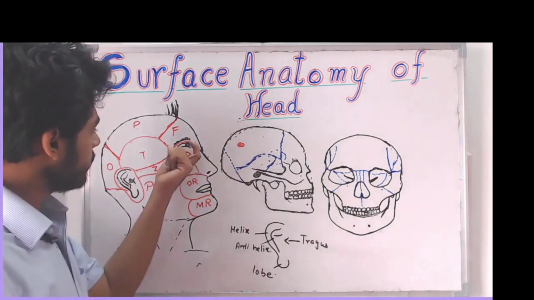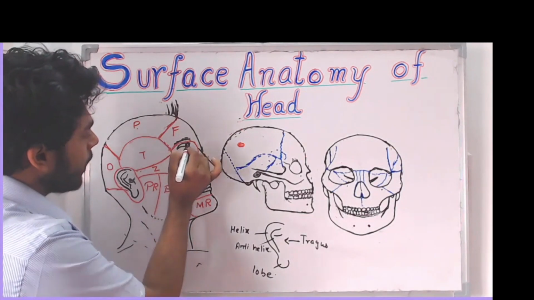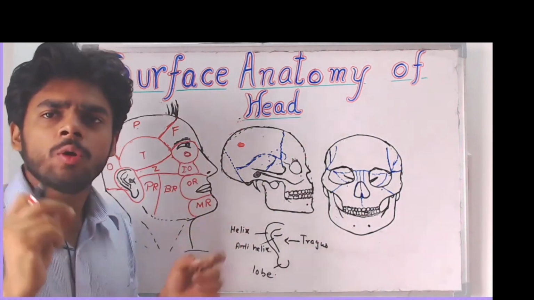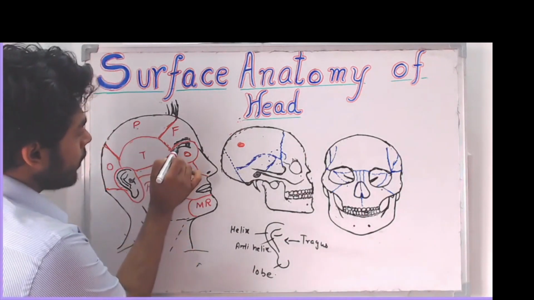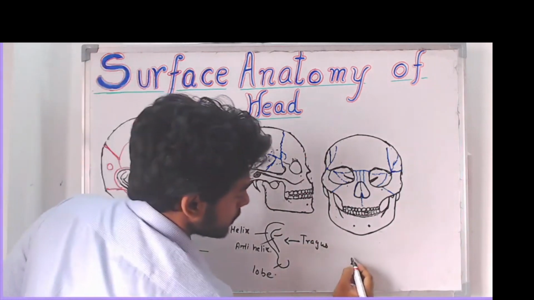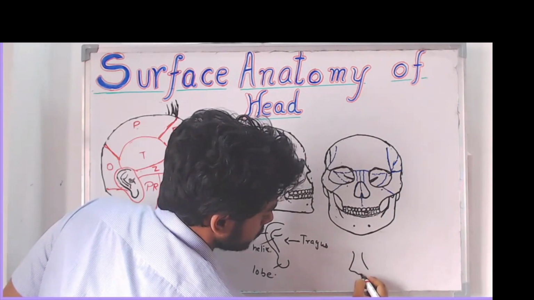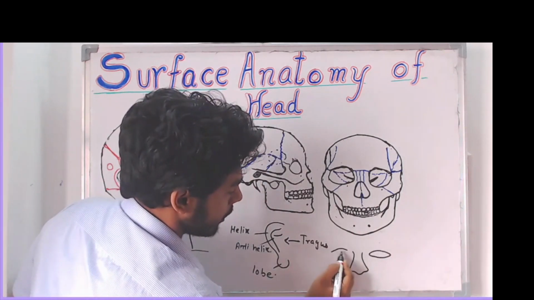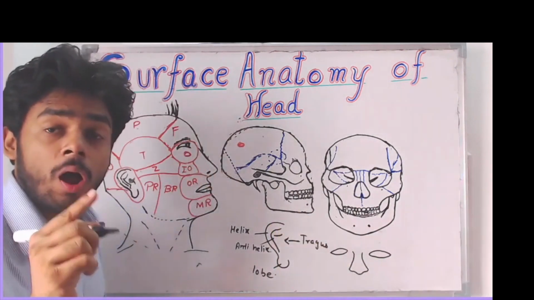After this ear, we will study the orbital region. The orbital region comprises the eyes. The outer corner, where the upper and lower eyelids meet, is called the lateral canthus. Let this be the nose, and this is the eye, and here also on this side, the eye.